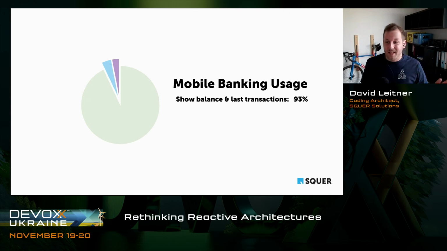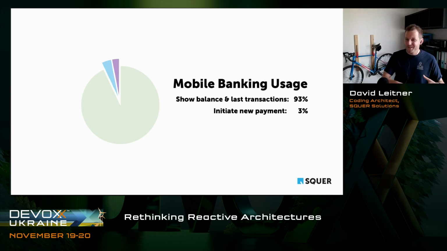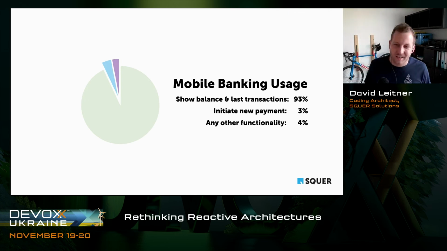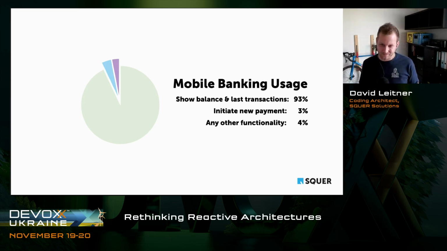And then 3% is new payments, so very small in comparison to just show me what I currently have on my account, and the rest is other functionality like locking your card, talking to support or something like this. So if you take these numbers, you of course need to ensure that the customer is always able to see his balance and his latest transactions, whatever is happening, right? He needs to be able to see this, because that's important for the user.